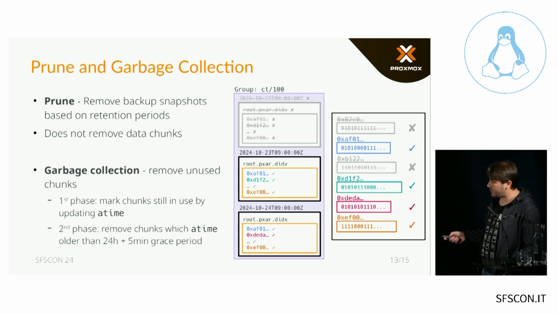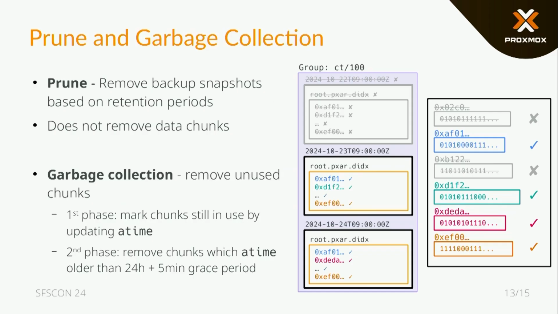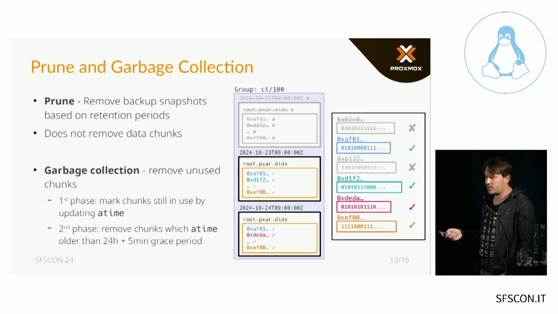And only in a second phase, we then remove the chunks which have an access time which is older than a grace period of 24 hours and 5 minutes, because modern Linux file systems are typically mounted with a relatime option, so the atime is not updated immediately, but only after the last change was more than 24 hours ago.